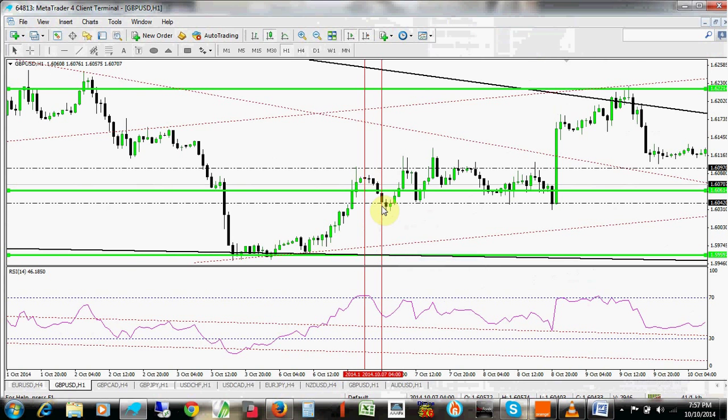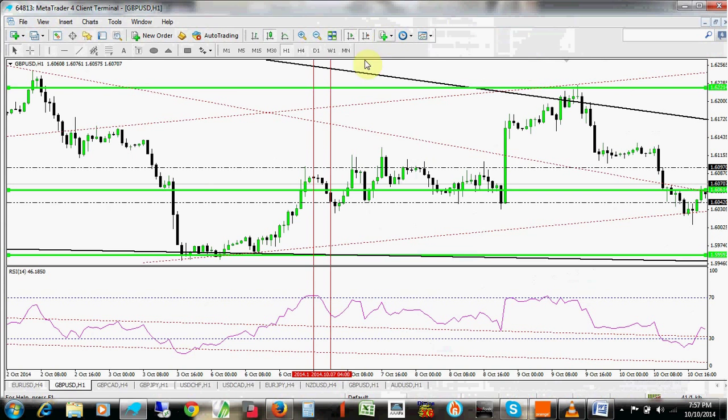Break, pullback. During pullback, you need candlestick behavior knowledge so that you can actually maximize on it. So on H1 it went to 70, pulled back to 50. When it came to 50, the market started misbehaving. Let's go to RSI.